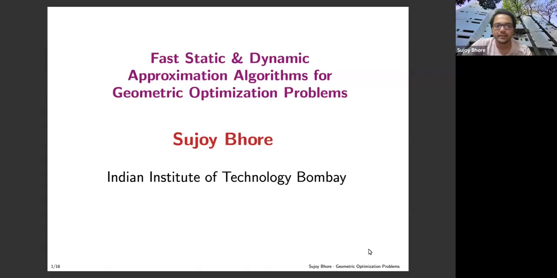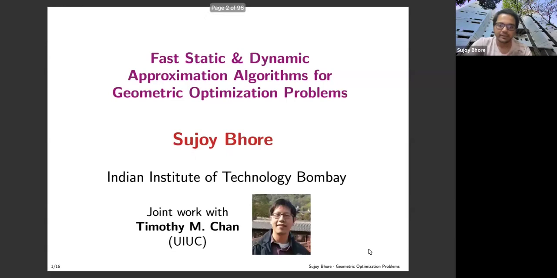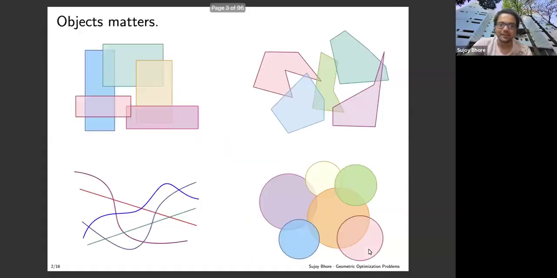It broadly comes under the theme of fast static and dynamic approximation algorithms for various classes of geometric optimization problems. Everything that I will talk about today is joint work with Timothy Chan from UIUC, and Timothy said he will also join in a few minutes.